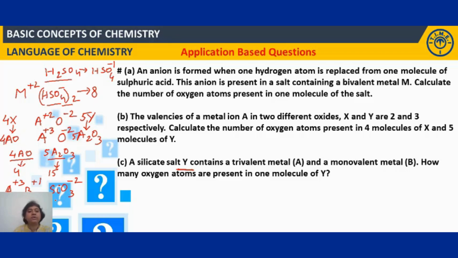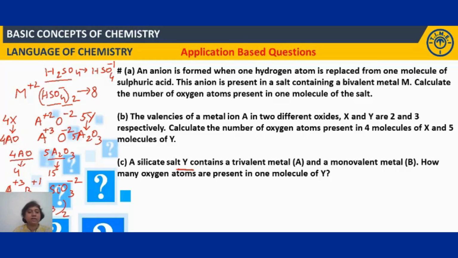That means we have to take 2 SiO3 radicals. So what should be the formula? AB(SiO3) taken twice. The total charge of A and B is +4 and 2 SiO3 will contribute -4 charge. So the compound as a whole is neutral. The formula of the compound is AB(SiO3) taken twice.